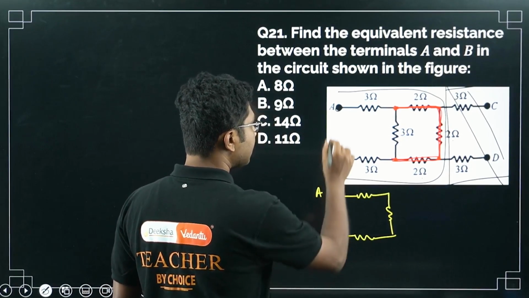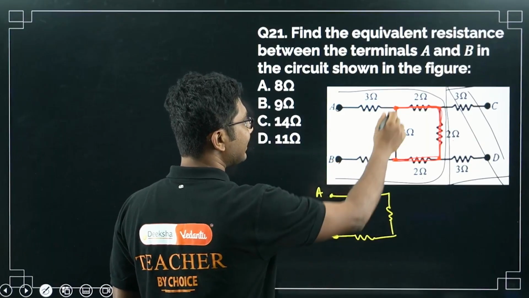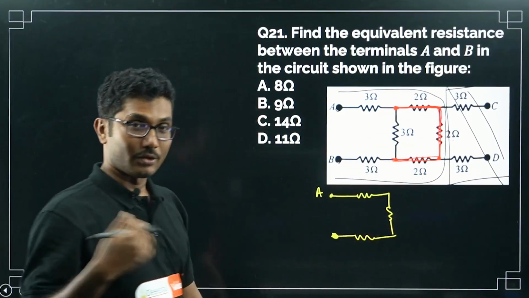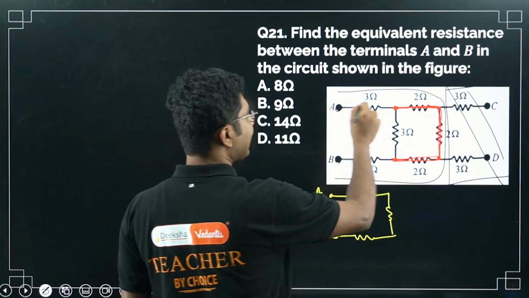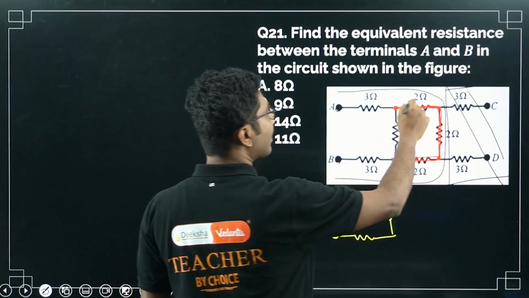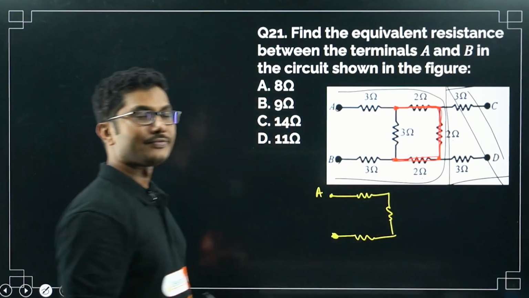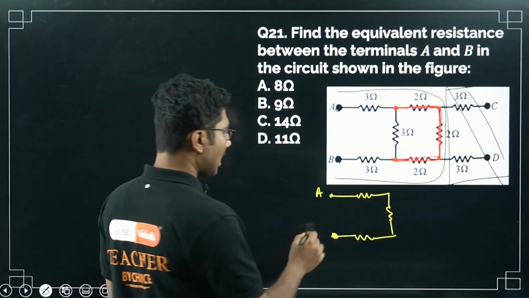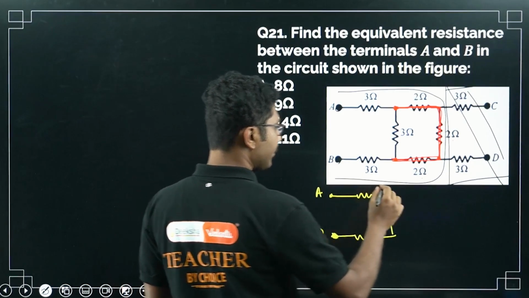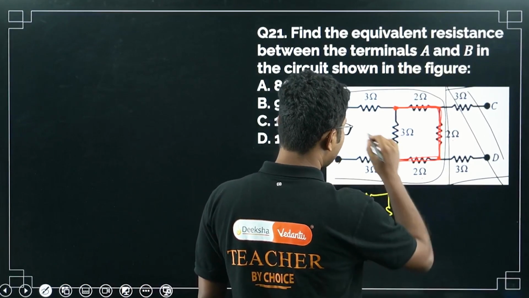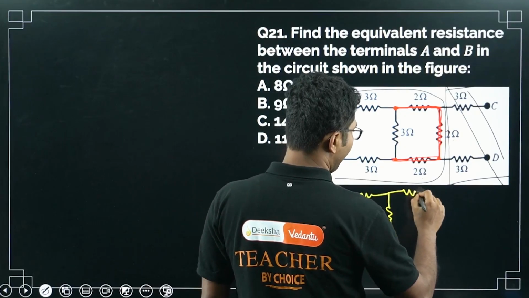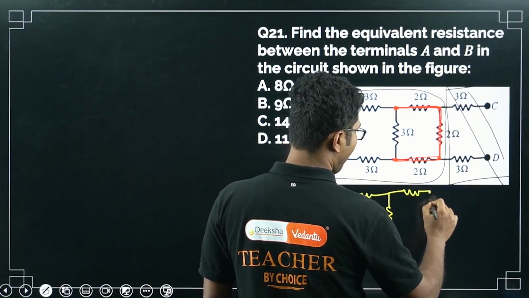Many students start, okay, these three are in series, these three are in series, they are in parallel. No, you cannot start like that. You have to consider only the independent sides first, which are on the outer side, which are not directly connected to AB. That is the first point.